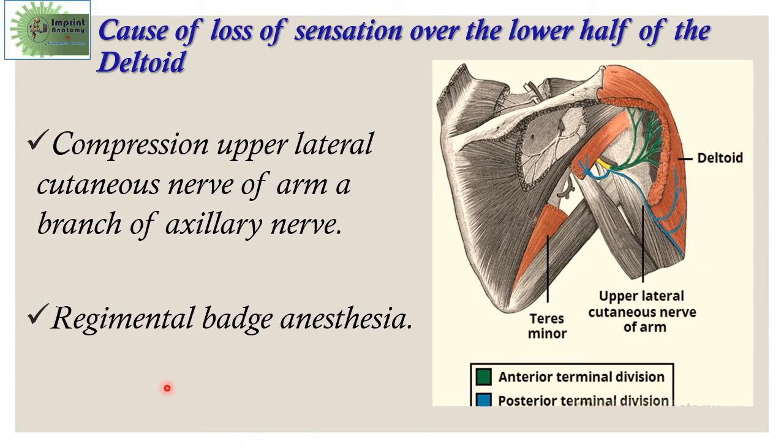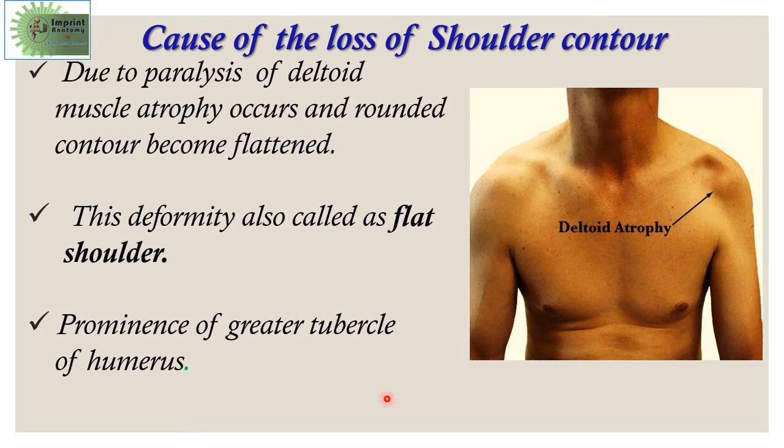This is also called regimental anesthesia. The patient also lost the shoulder contour due to the paralysis of the deltoid muscle. The muscle atrophies and loses the rounded contour, and the shoulder region becomes flattened.